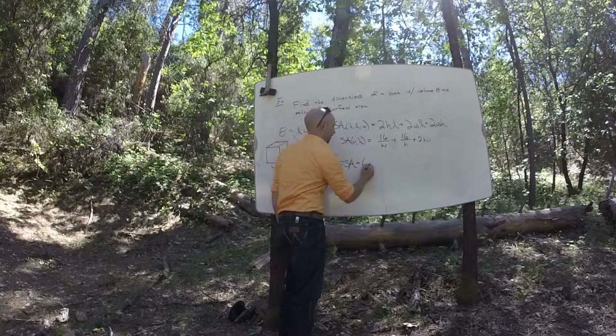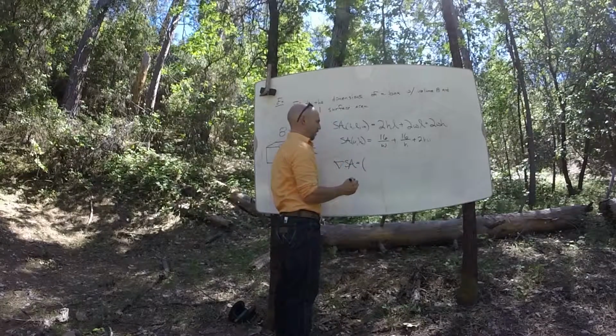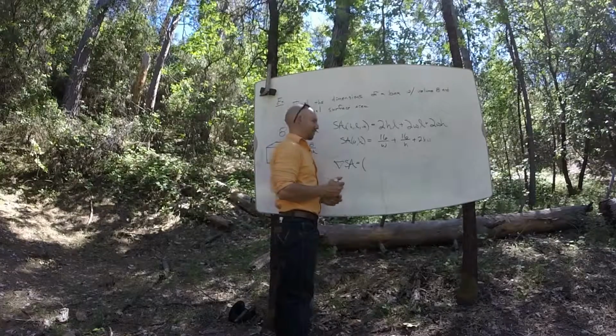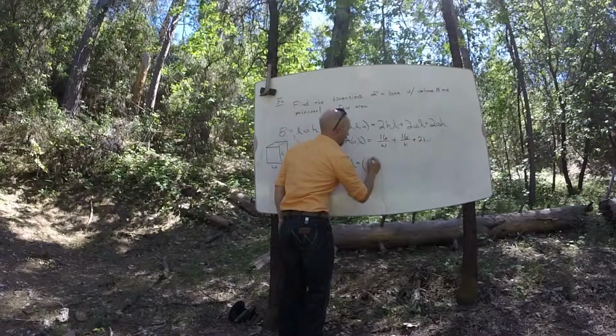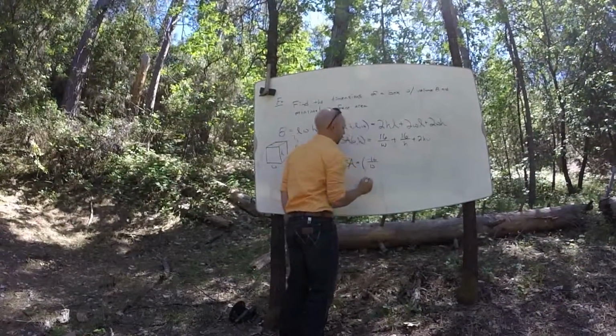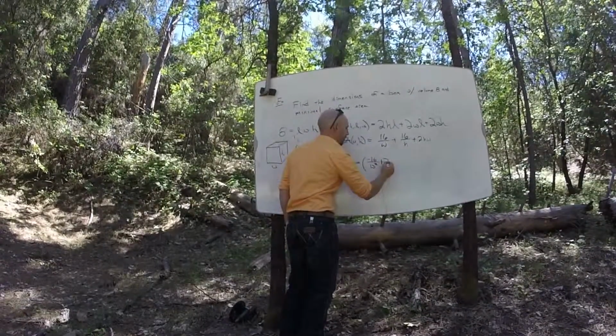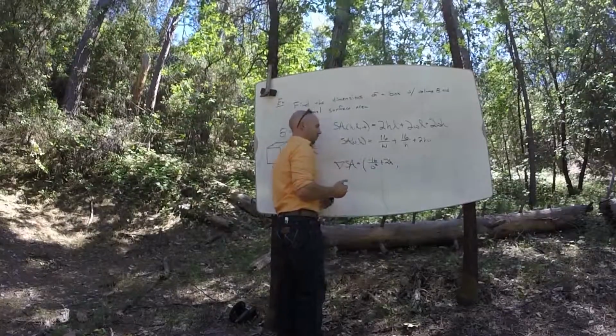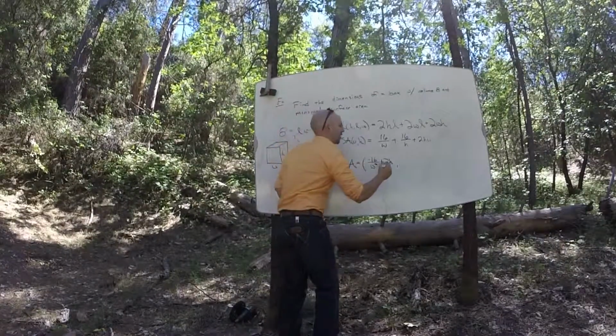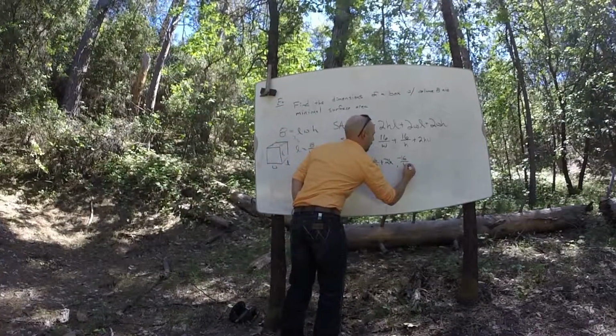Which derivative are you doing first? W. Okay, so you got negative 16 over W squared plus 2H. And the same thing, negative 16 over H squared plus 2W.